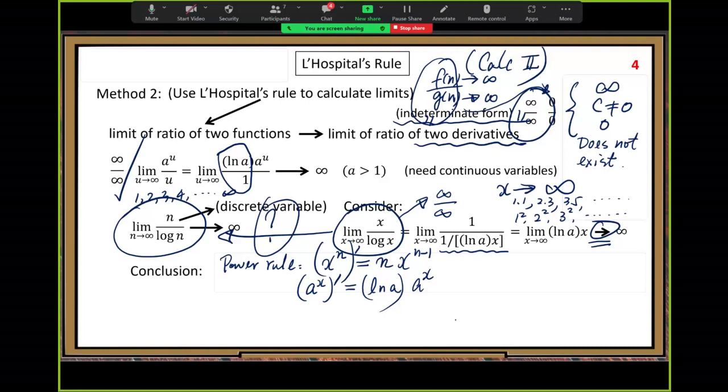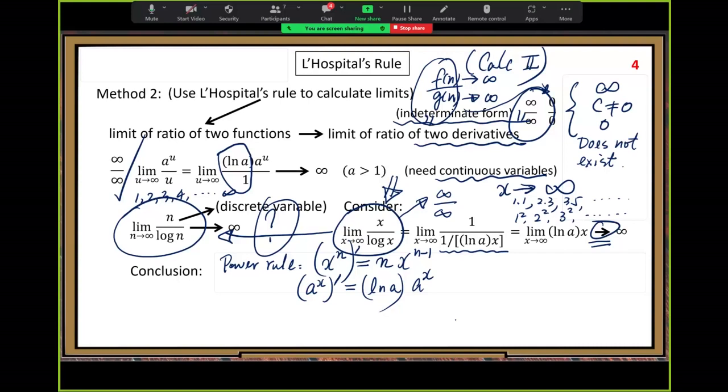The L'Hopital's rule, you have to apply it on the continuous variable version, not discrete. So if you read our textbook at this particular point, it is not rigorous.